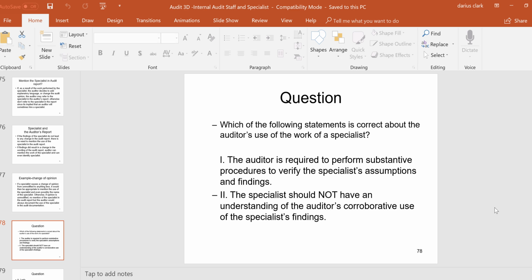One, the auditor is required to perform substantive procedures to verify the specialist's assumption. Now, we're not capable of that. We can't double check the specialist that the specialist did the job well. If we were capable of that, we would bypass the specialist and just go out to the bridge and determine the percentage complete, or look at the stones and see if the gems are real or fake. We're not capable of that.